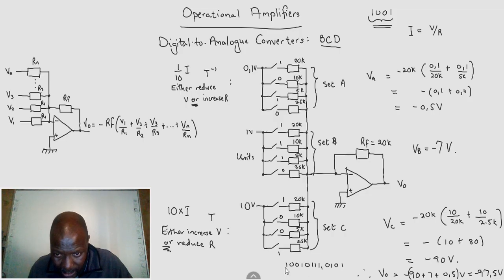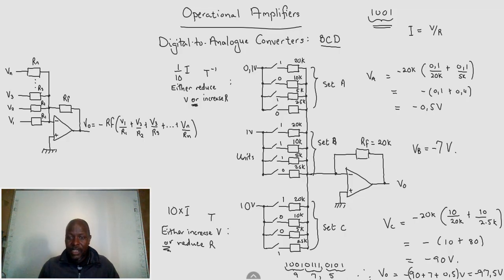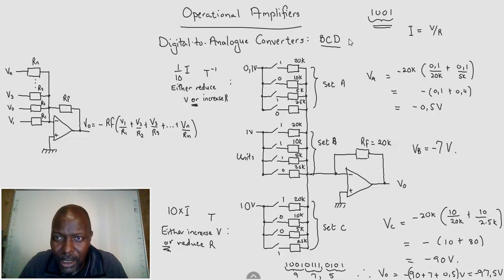And if you do BCD, that is 9, that is 7, and that's a comma in its place, and this here is 5, which is exactly what we have there. Therefore, our DAC, the BCD digital to analog converter, works perfectly.